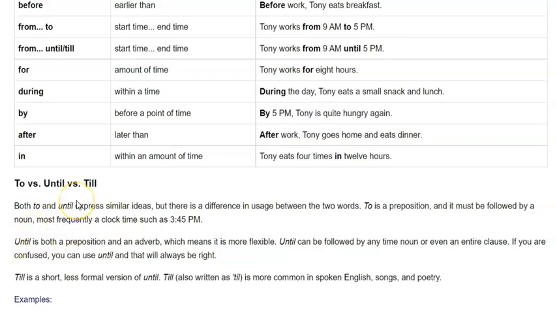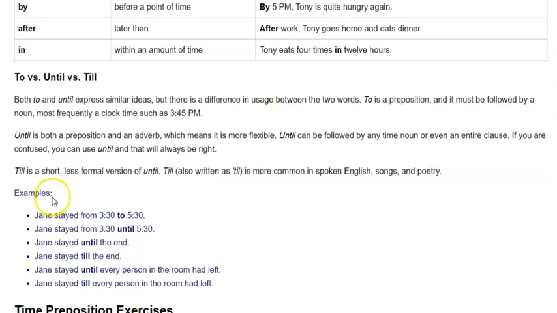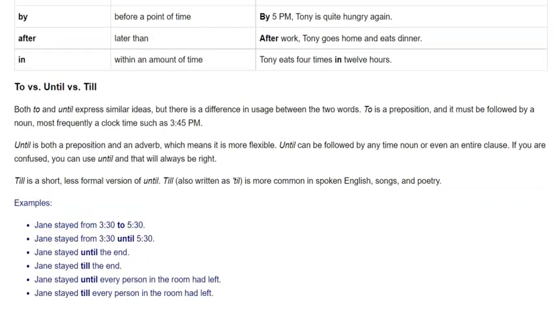Then the next one is till, which is the short form of until. You can also use till in a very formal way. There are a couple of examples to give you a fair idea. Tony stays from 3:30 to 5 p.m. Jane stays from 3:30 until 5:30. You can see both are the same.